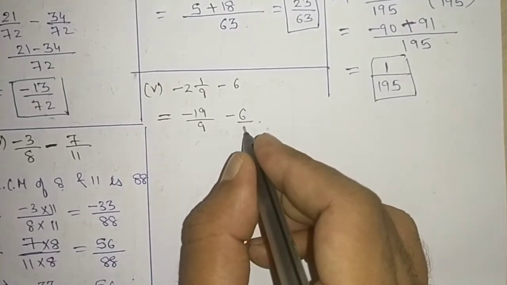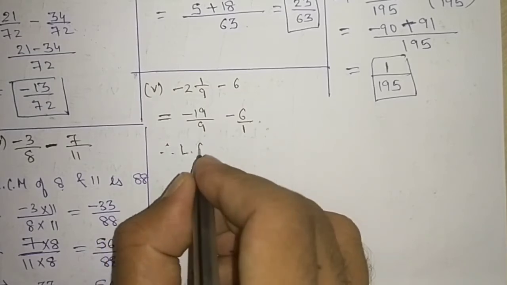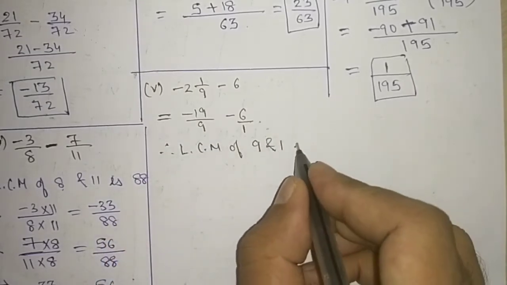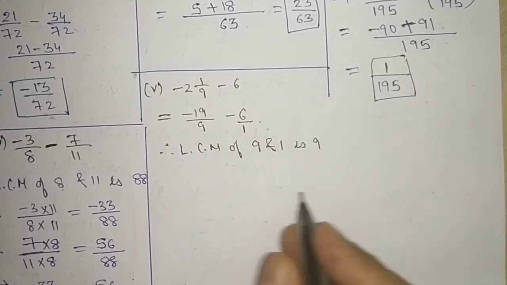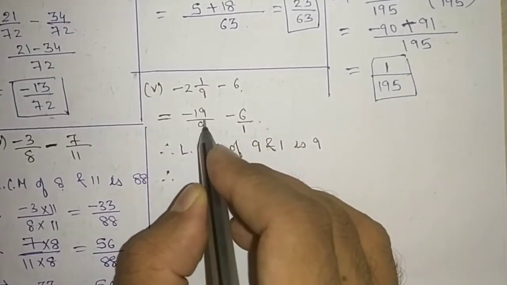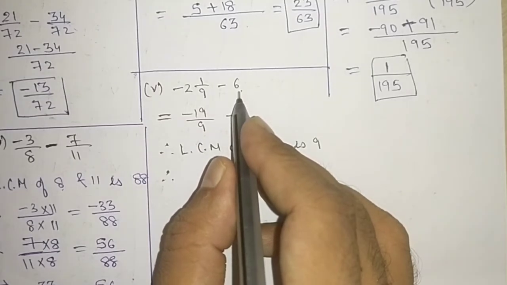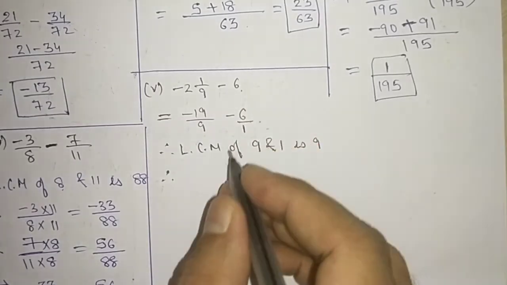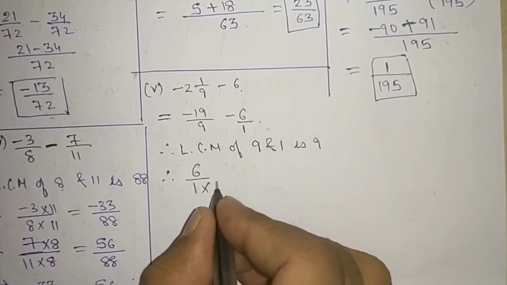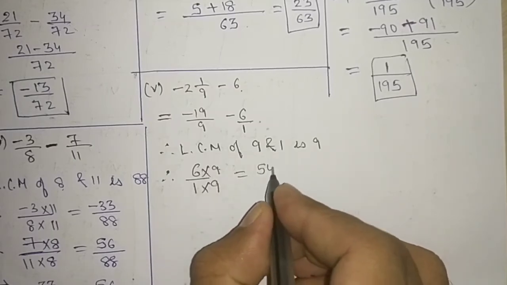The denominator of 6 is 1, always 1. Therefore the LCM of 9 and 1 is 9. Therefore we will convert this number so that its denominator is 9. So we will write 6 divided by 1 multiplied by 9 over 9. So 9 6's are 54 divided by 9.